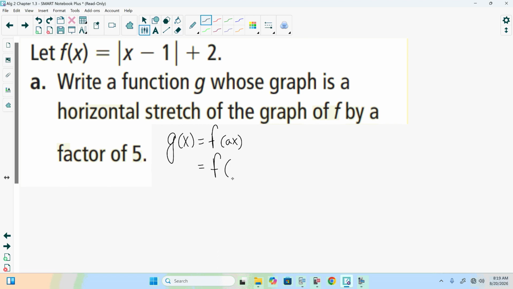Horizontal. Horizontal stretch or shrink, f of a times x is the general form, and so we need to flip it. Almost, because what's the bottom? Bottom's always 1. So if we flip this, the 1 is going to go to the top, 5 is going to go to the bottom. Or you can do 1 over a instead of flipping.